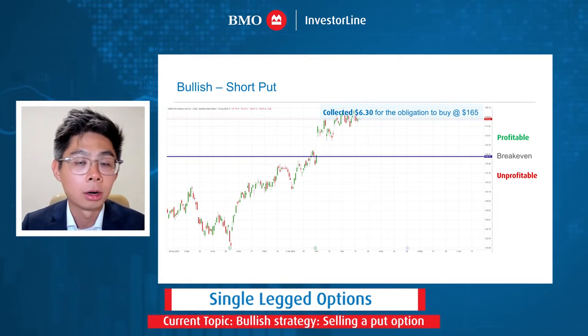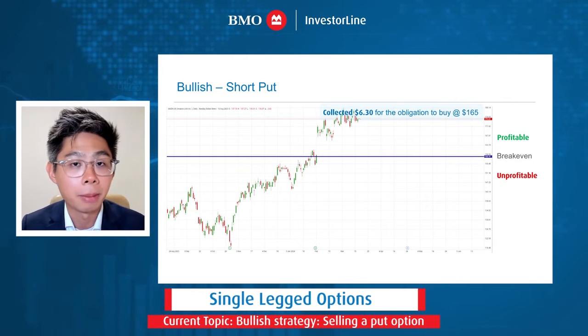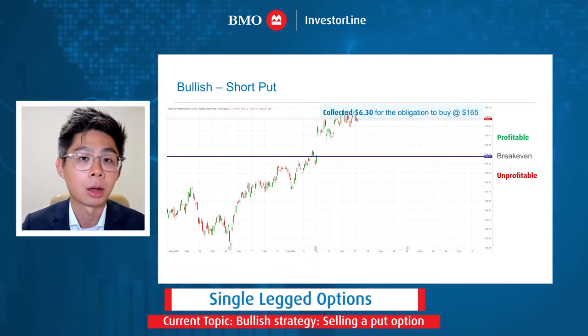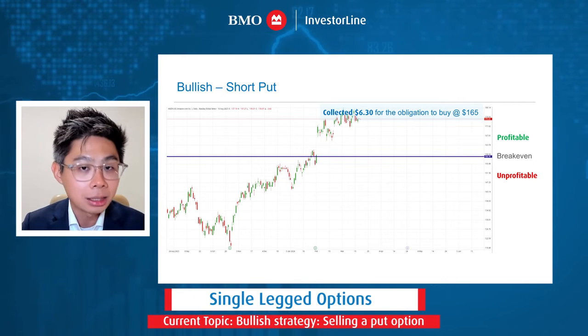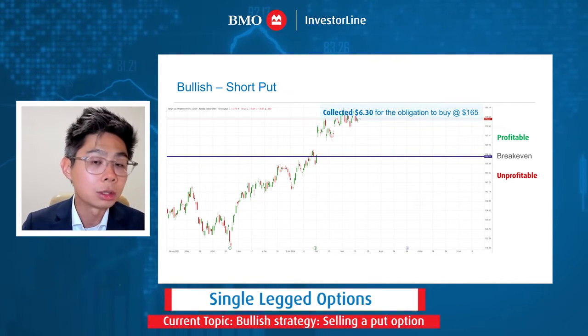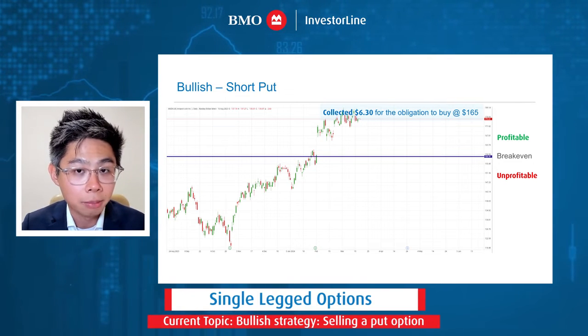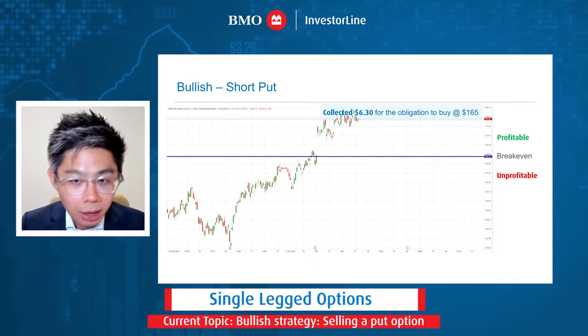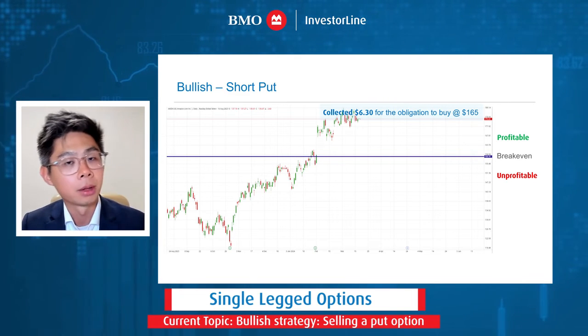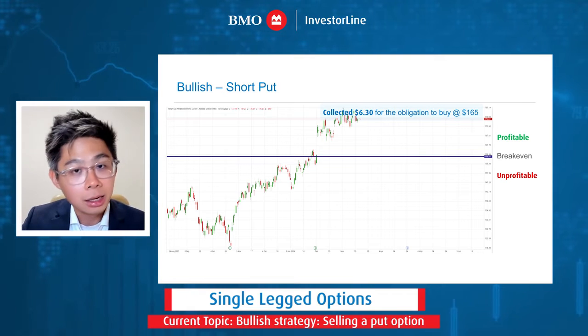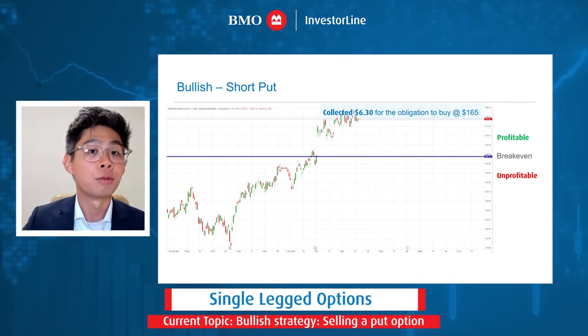So if you compare selling a put option versus outright buying the stock at 165, you're actually taking on a $6.30 discount on your stock purchase, which is going to give you some downside protection. So, as we review these two strategies, buying a call versus selling a put, buying a call option requires the stock to make a big move to the upside before you're profitable.